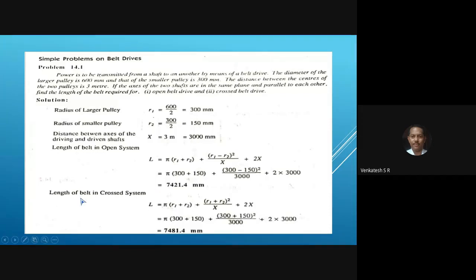Next line, write down length of the belt in crossed belt drive system. Underline that. Only difference between open belt and cross belt: here you have (R1 minus R2) whole square, here you have (R1 plus R2) whole square.